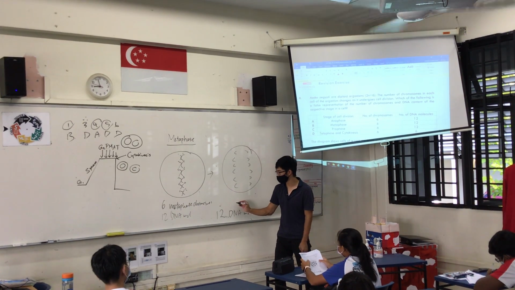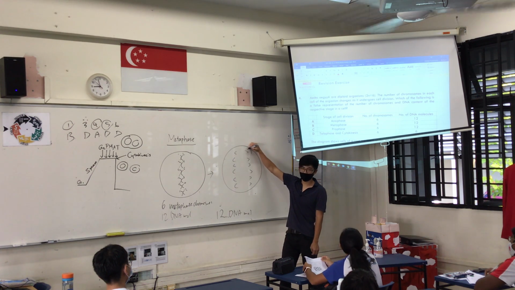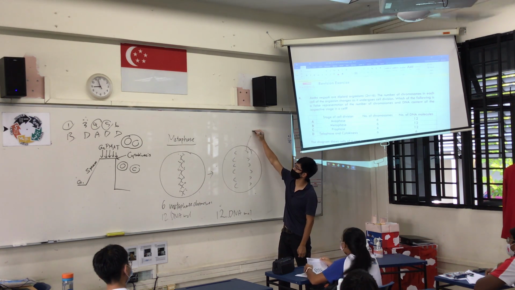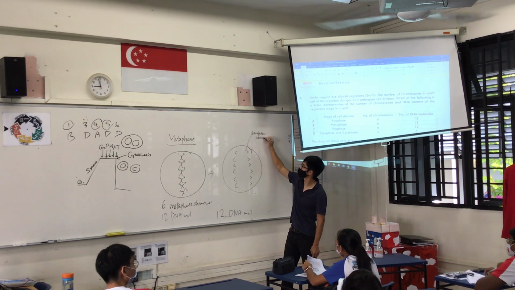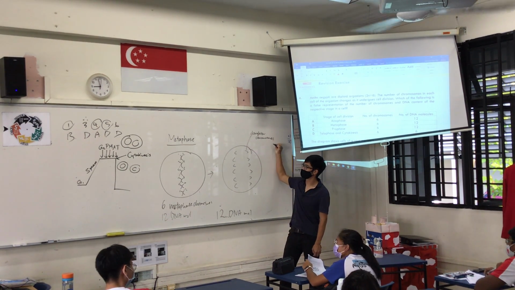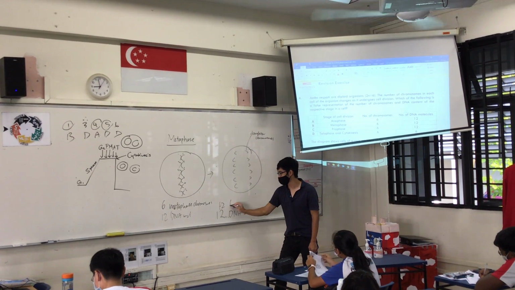How many chromosomes are there now? Actually 12. Each one of these chromosomes is now called a daughter chromosome. So there are now 12 daughter chromosomes.